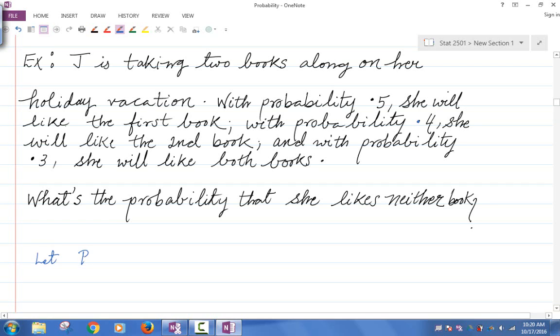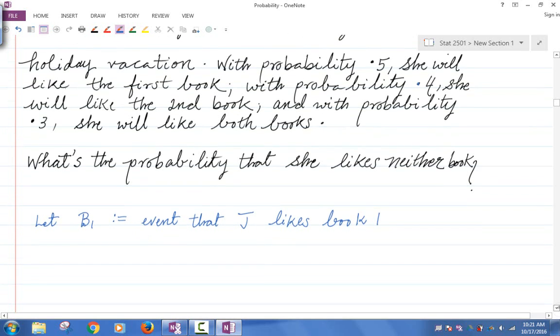Let B1 be the event that J likes book 1, and also let B2 be the event that J likes book 2.